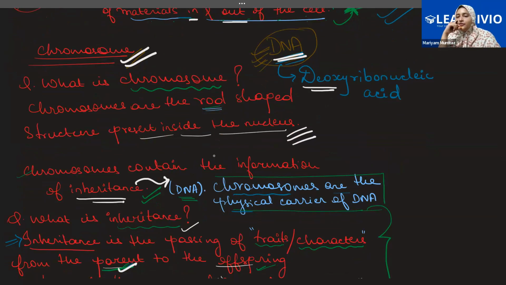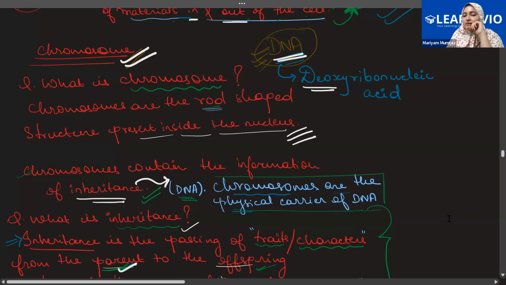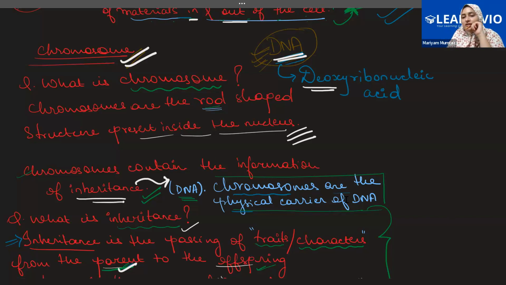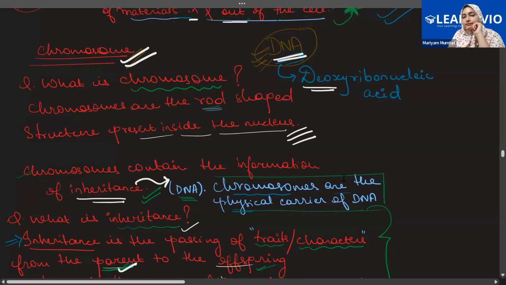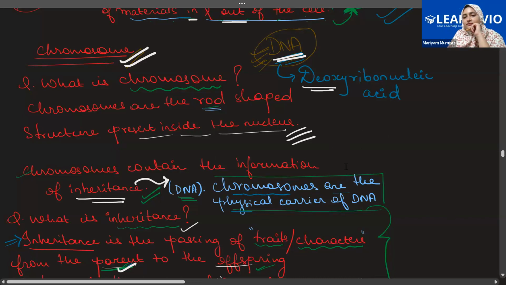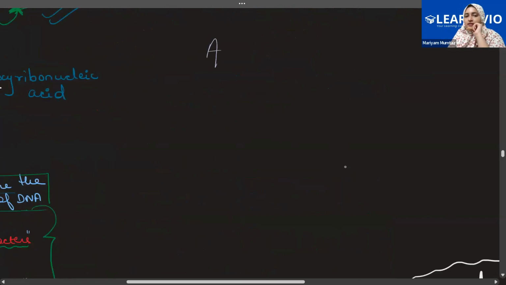Students, what is the full form of ATP? I have not taught this, but still I want to see if someone knows. What is the full form of ATP? Does anyone know this? A, T, and P. What is the full form of this?